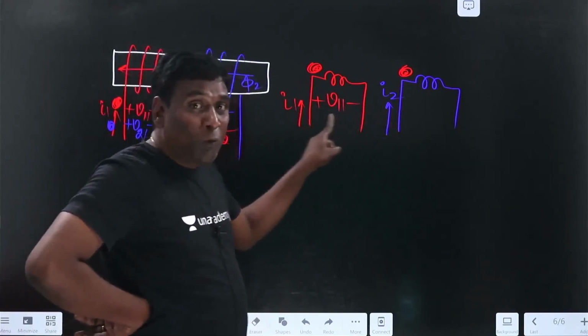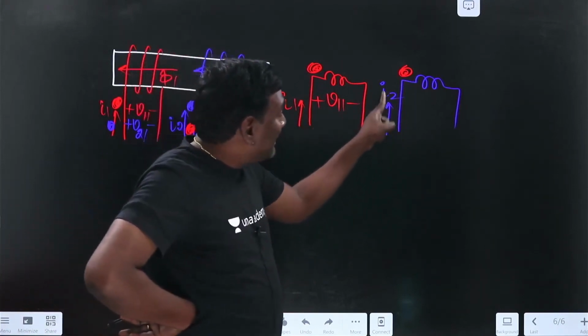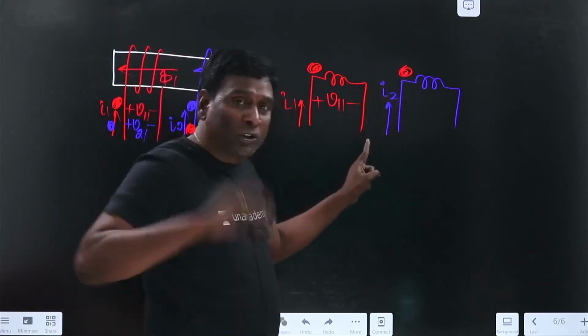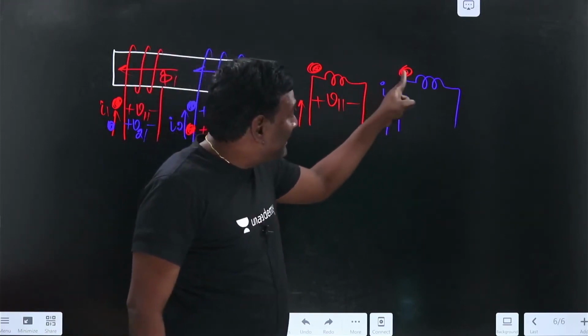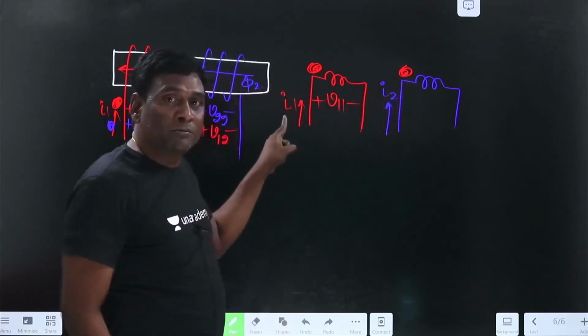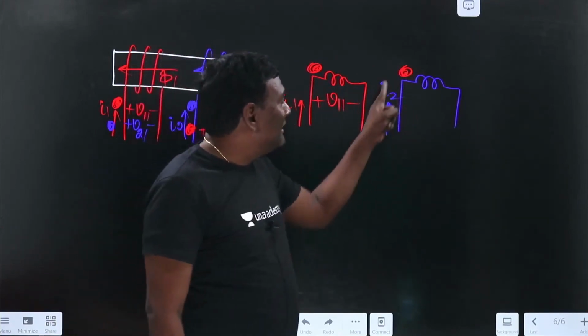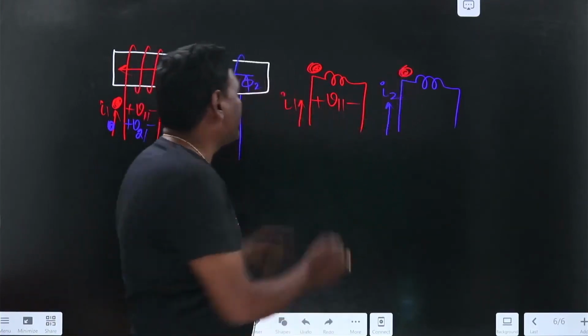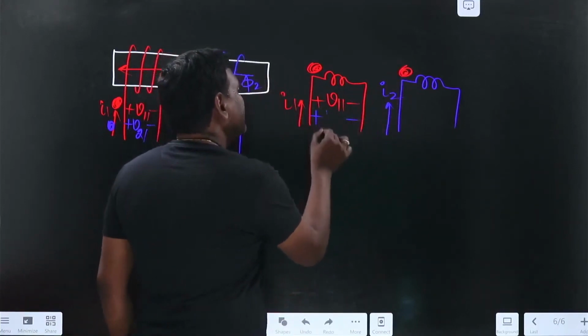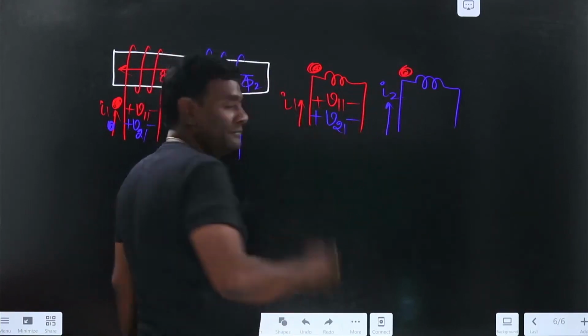Because of this current, some voltage is induced here. Whenever my current is entering into the dot, focus, this dot will become positive, mutual. Whenever my current is entering into the dot, this dot will become positive. This is because of 2 in 1.